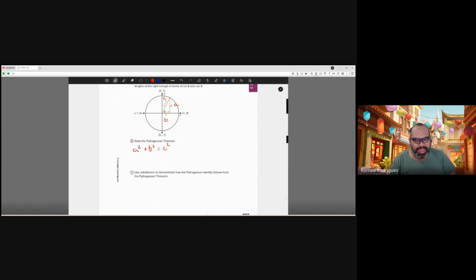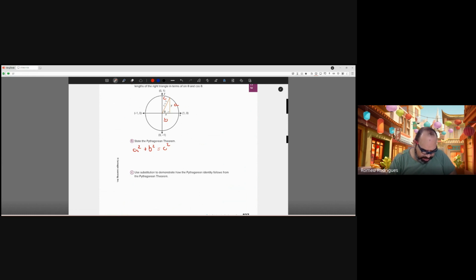Guys, Y, as you see here, is in which position? The height, we call this sine. The Y value over the hypotenuse is sine.